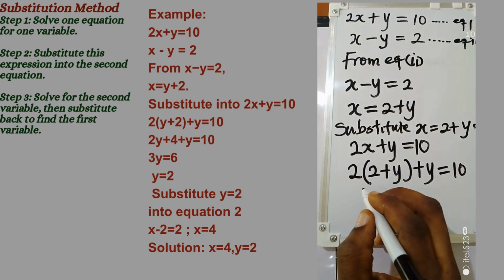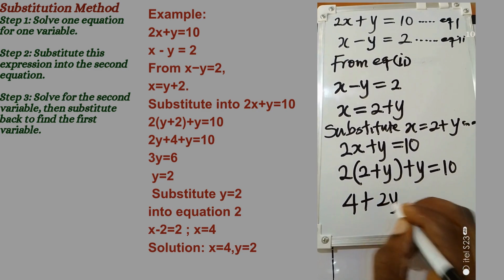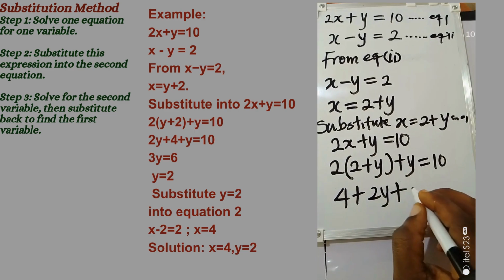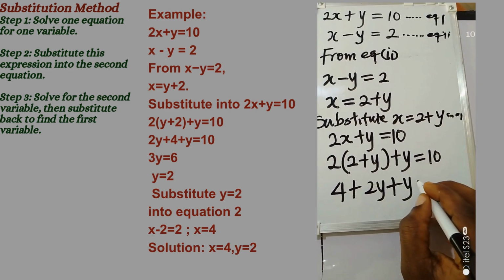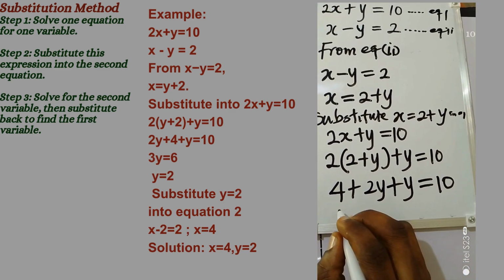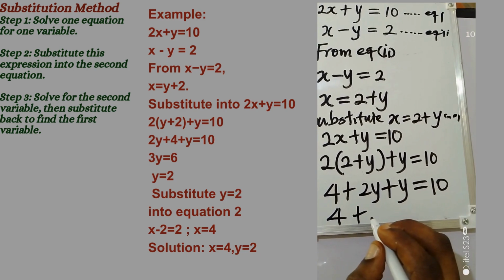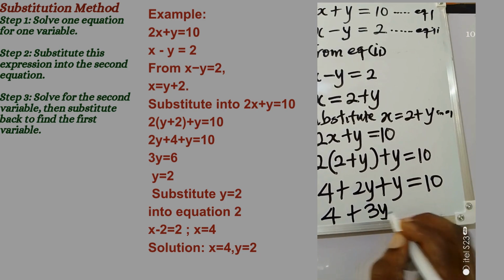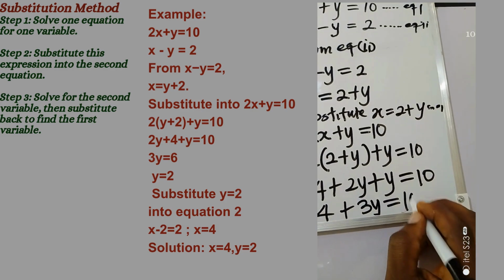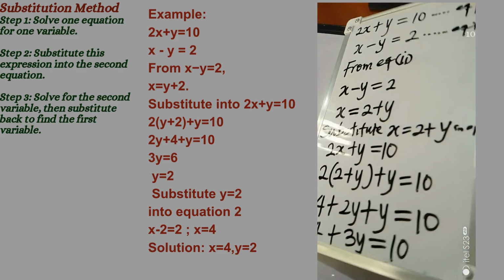If I open the bracket, I'm going to have 4 plus 2y, then plus y equals to 10. So you can see from here, 4 plus 2y plus y will give you 4 plus 3y equals to 10.